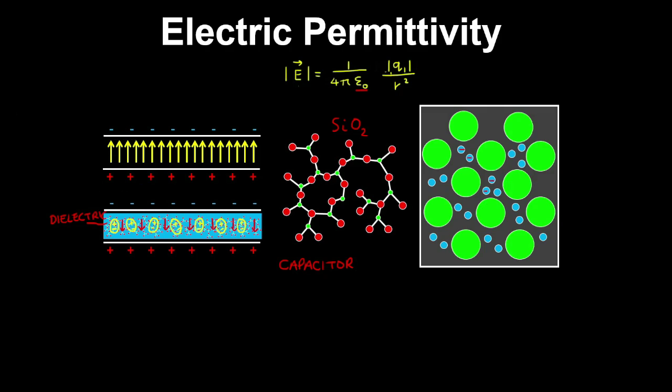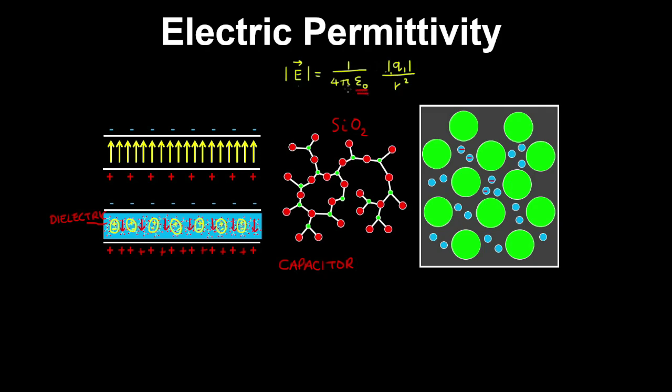And that results in more charge being stored on this plate, and that increases the capacitance of the capacitor. So free space has a constant value for the electric permittivity, which is epsilon naught.